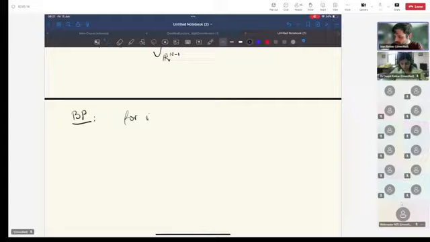So for i equal 1 to n, the number of variables, and a equal 1 to m, the number of factors, I'm going to define two types of so-called messages, which are themselves probability distributions.